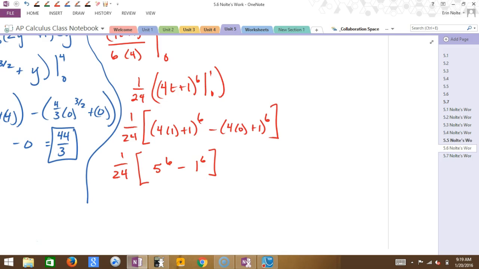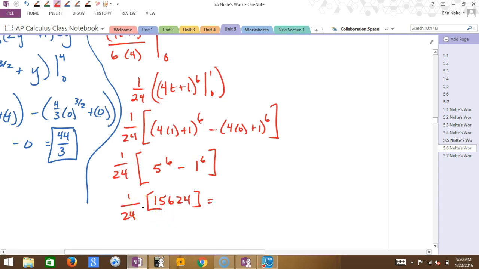Can somebody type that in the calculator for me, please? 5 to the 6th. 15,625. So I'm going to say 15,624 because I'm going to subtract 1. Okay, divide that by 24 for me, please. Is there any reason you put brackets? Because it just looks nicer, I think.